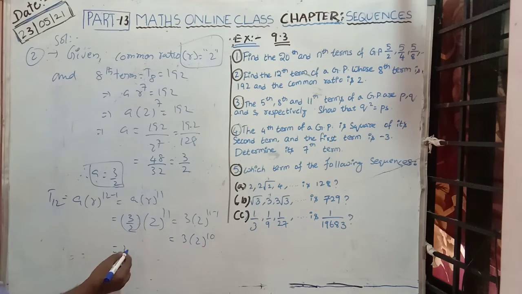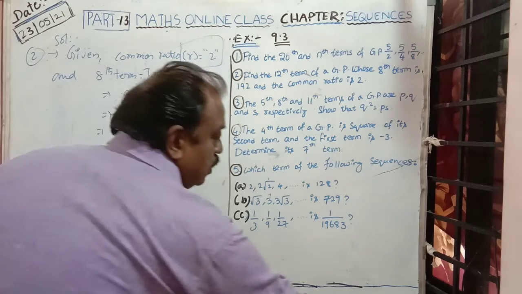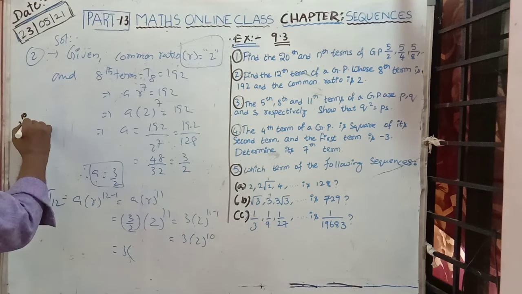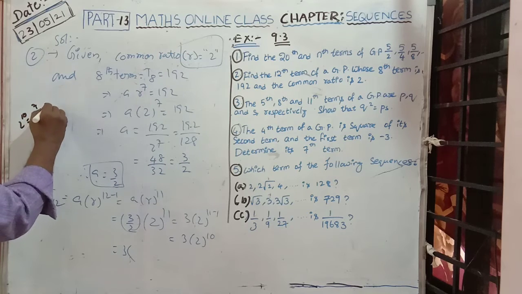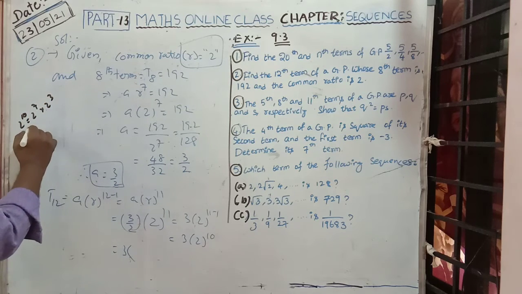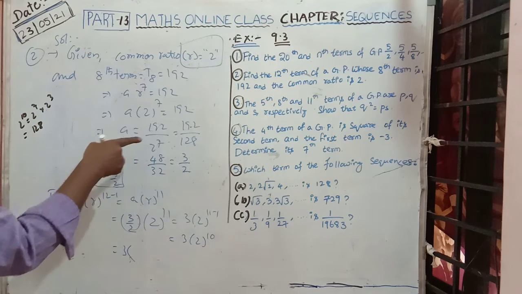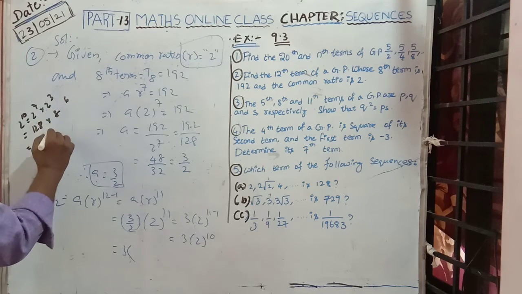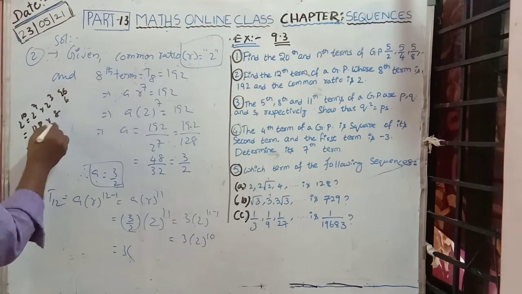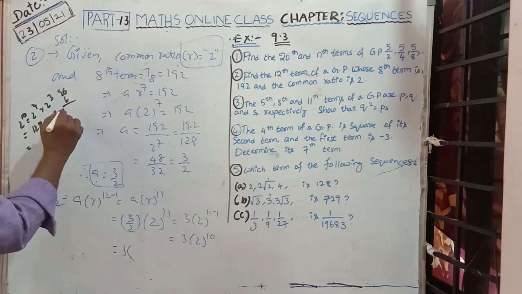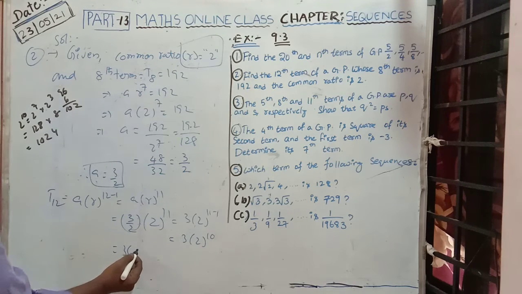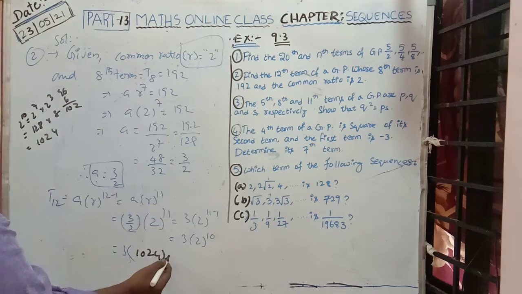What is 2 power 10? Let us calculate. 2 power 10 is 2 power 7 into 2 cube. 2 power 7 is 128, 2 cube is 8. So it is 1024.